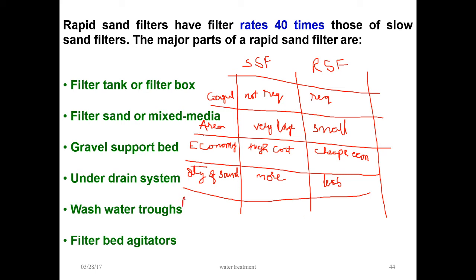For the slow sand filter, the rate of filtration is 100 to 150 liters per hour per square meter.